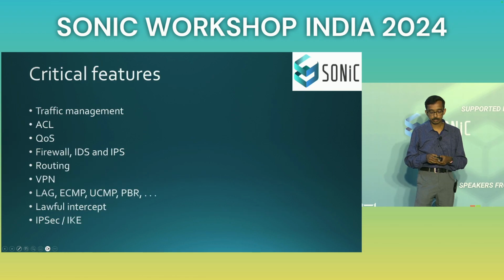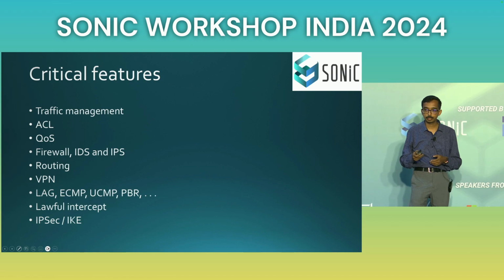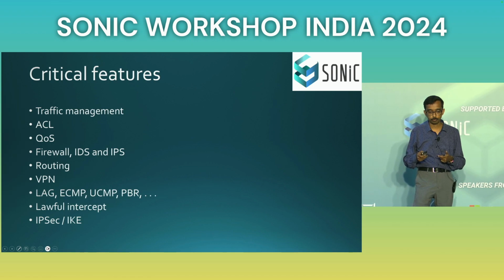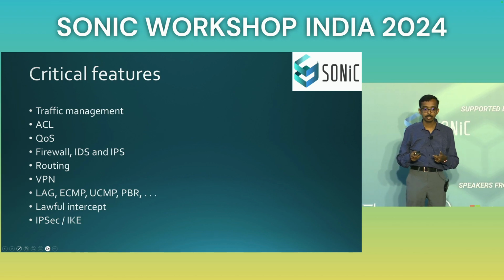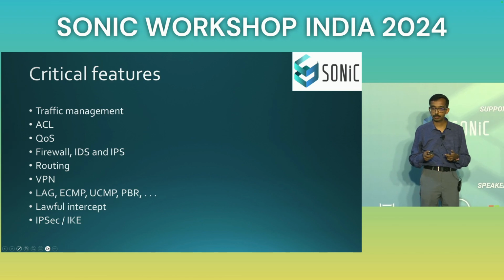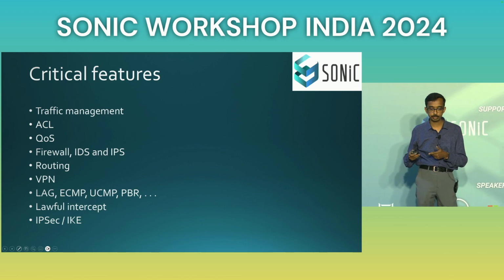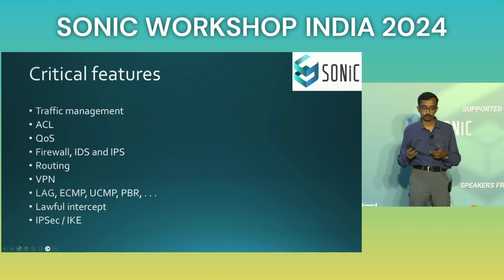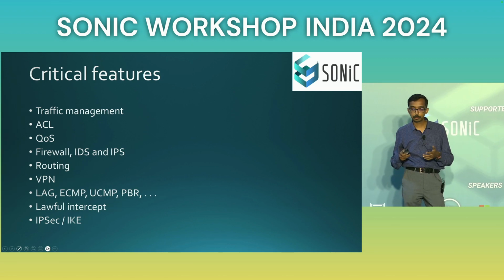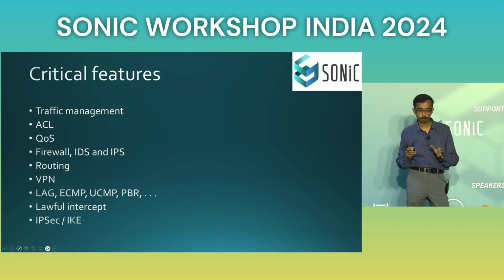The critical features, most of them are very obvious to us. Some of the things that are of higher importance here are QoS requirements, which become fairly stringent when resources are crunched. Many times we see this working in a constrained resource environment, and unequal cost multipath and policy based routing become important here.